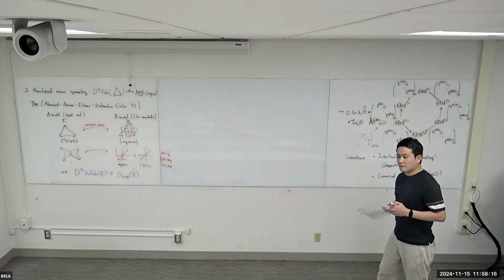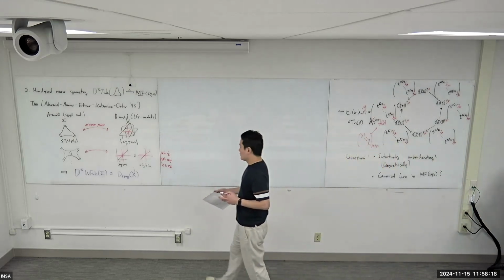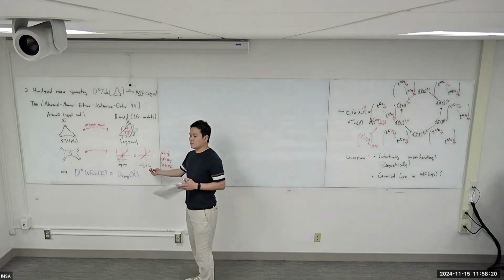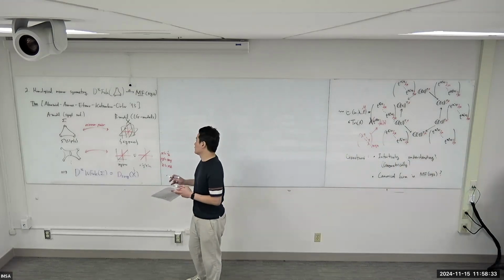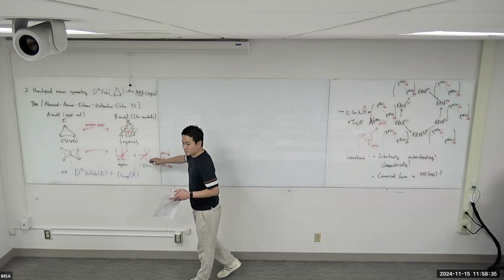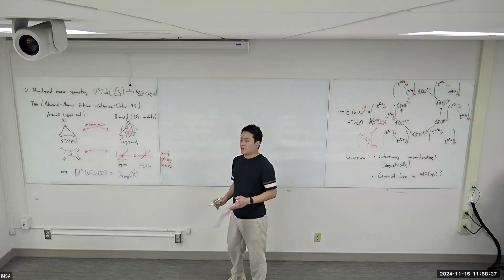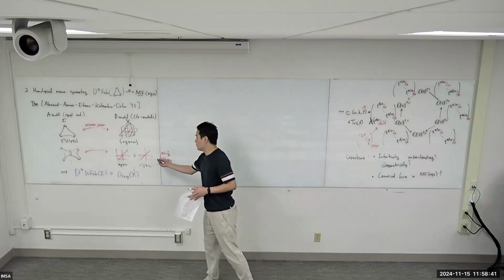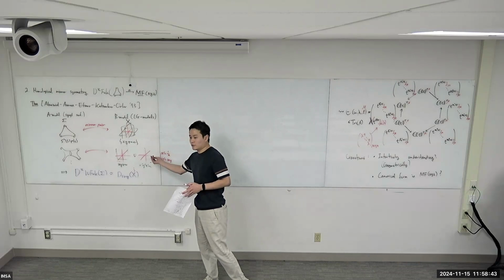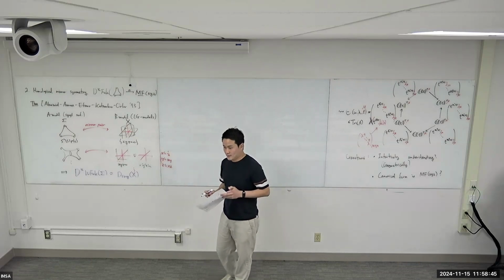Now the situation is global. So X, when you glue several pairs of points, the situation is global, and all these theorems by Eisenberg and others were local, so they don't apply to this situation. But we still have some notion of global matrix factorization over these singularities due to Orlov.